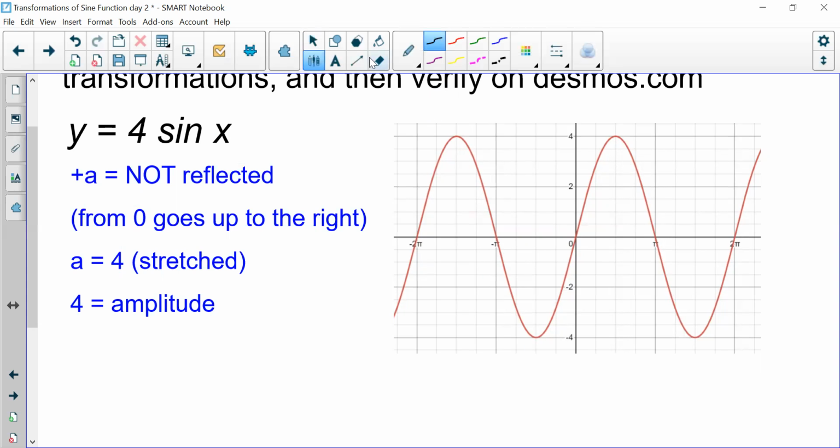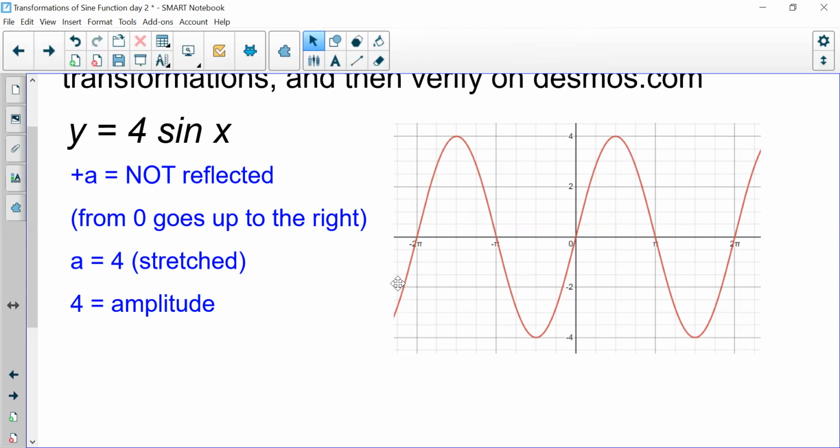And then what's 8 divided by 2? 4. So the amplitude literally is just the a value, or if you want to do a quick calculation, 4 take away -4 is 8, 8 divided by 2 is 4. So it all does really line up, but we're going to be just using the equation to interpret these things.